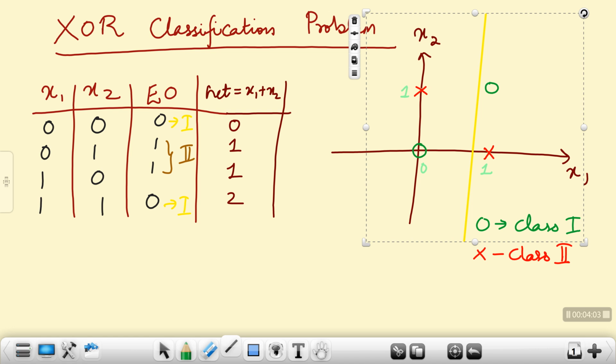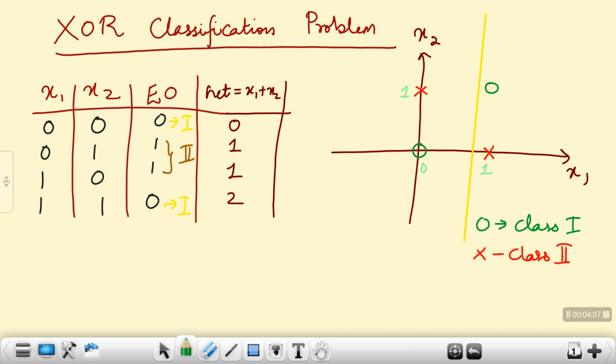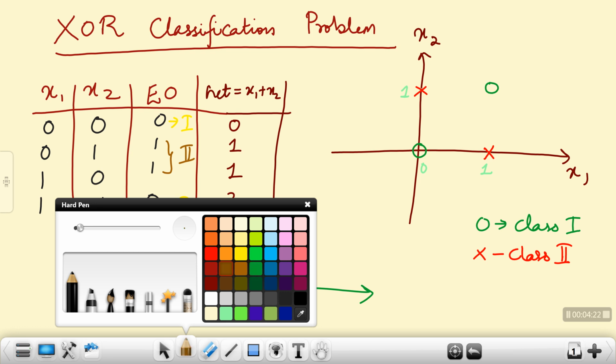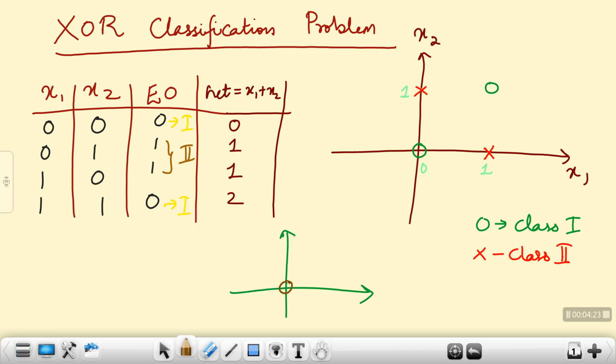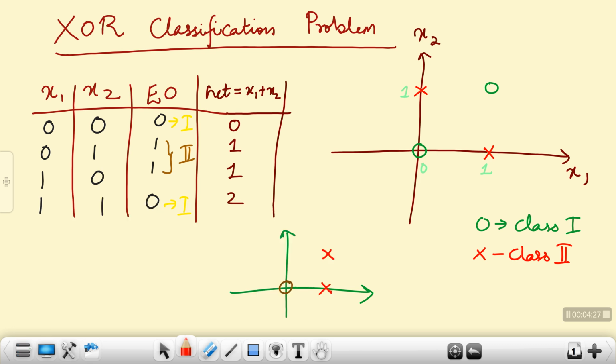If it was a simple OR gate, then it would be possible to do this. What is the OR gate? The OR gate has 0 output for 0,0 and the rest of the times the output is 1.